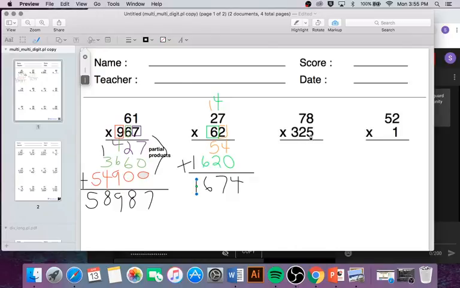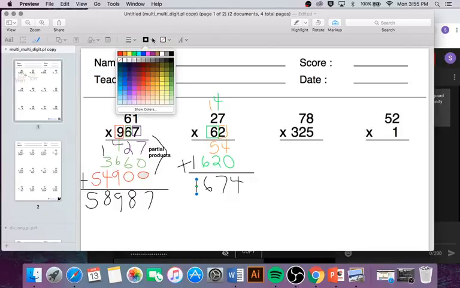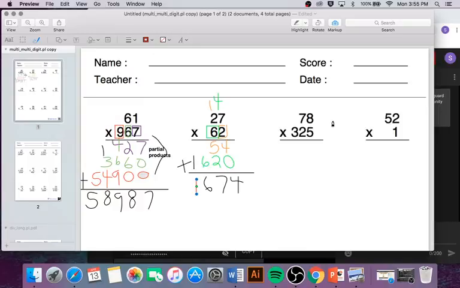Our next example, we have 78 times 325. So we're going to start with our number in the ones column, which is our 5.